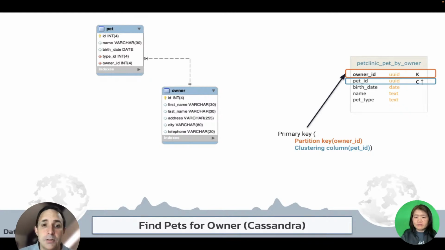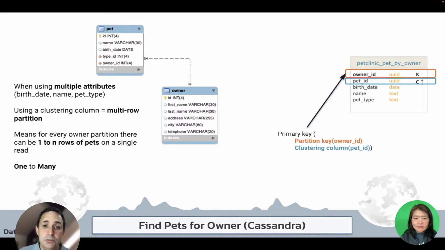Okay, so with this, you have a way to do some one-to-many. But now you may ask the question, hey, if I need the pets on multiple queries, what do we do? Well, you will duplicate the data. And that's something you're probably not familiar with.